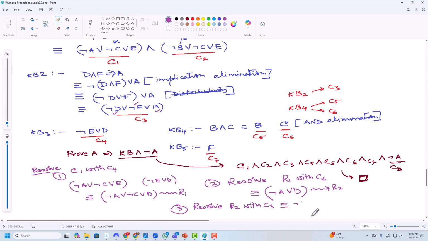So not F, and this is our R3, resolvent 3.